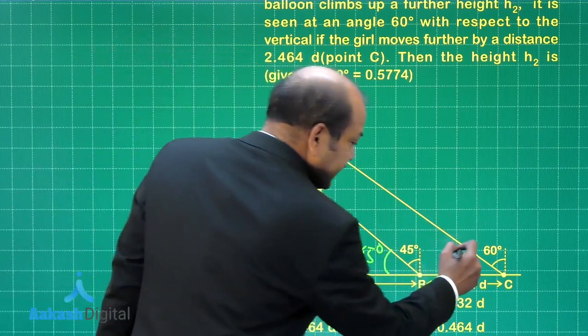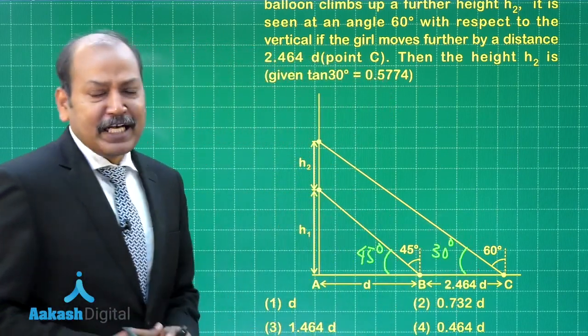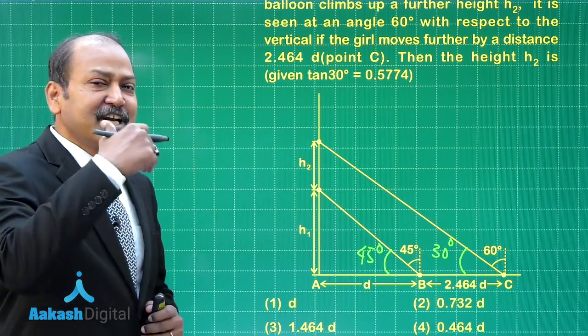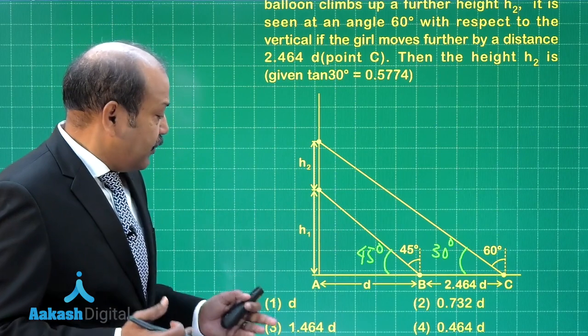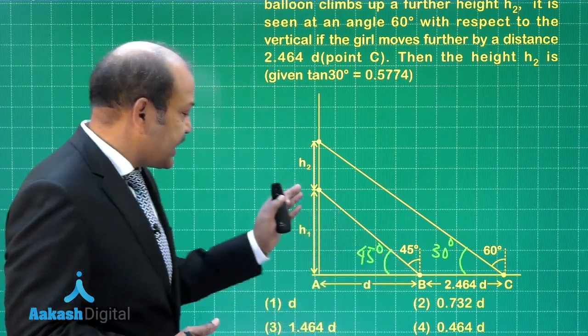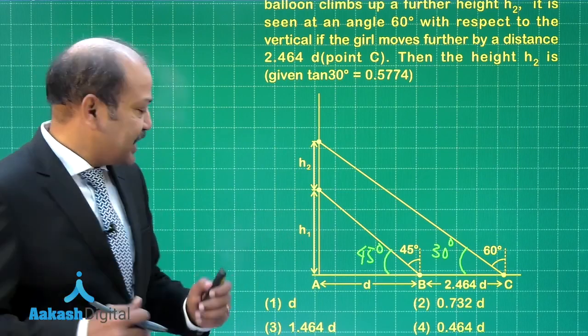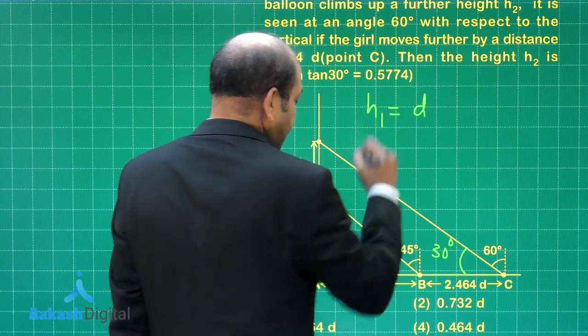So clearly this angle would be 30 degree. Now as far as the topic is concerned, we can put it under the category of motion in a straight line. The balloon is moving in a straight line. Now from this smaller right angle triangle, since the angle is 45 degree, we can say that h1 is equal to d, pretty straightforward, h1 is d.